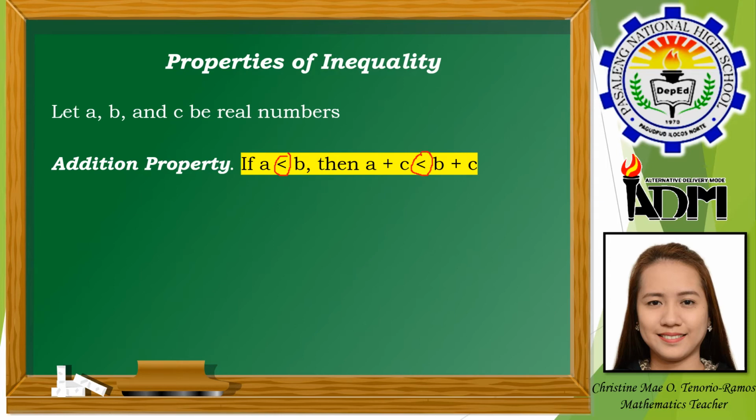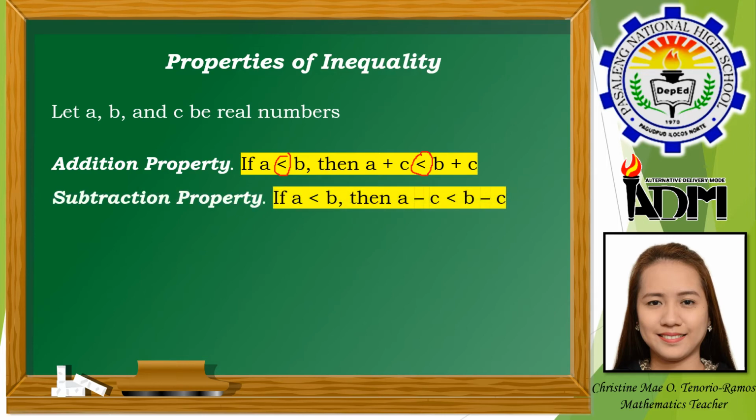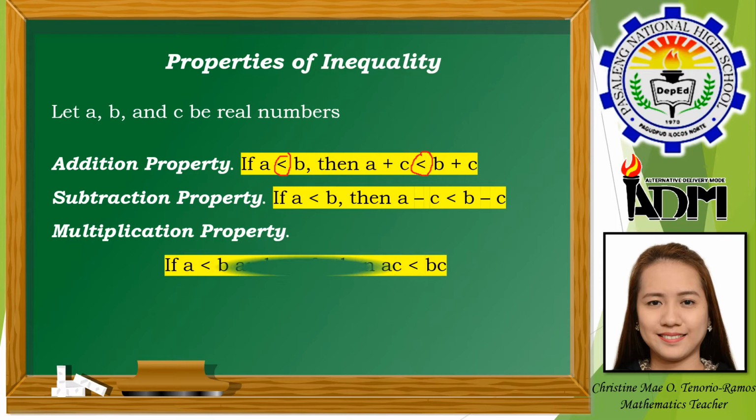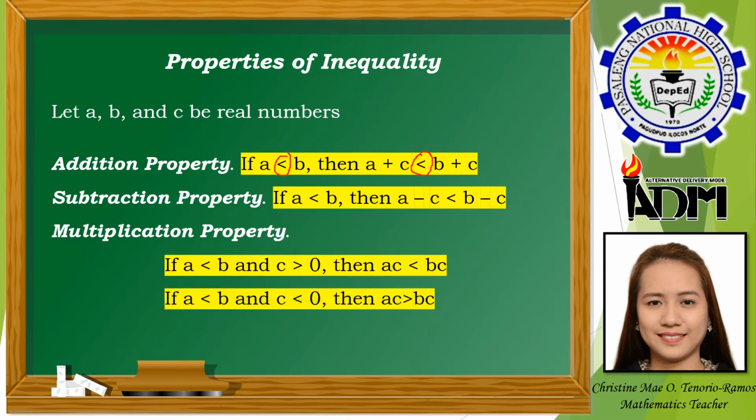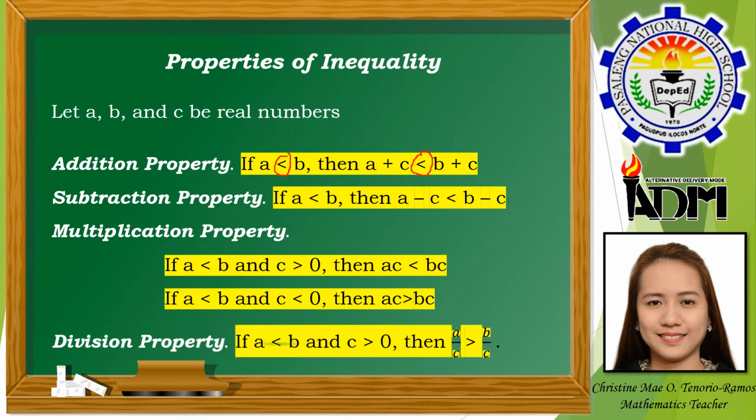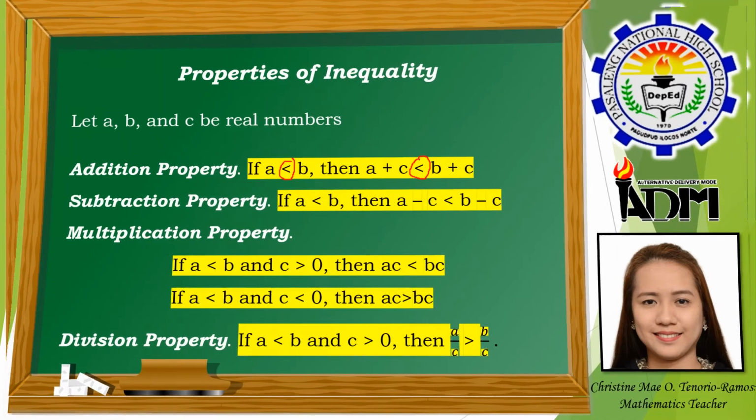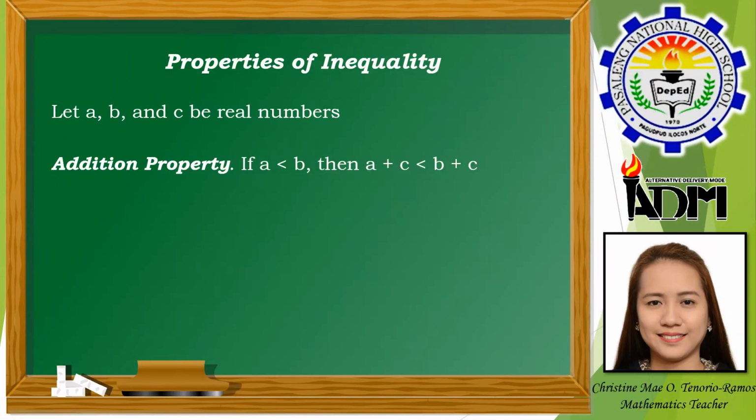So, alam nyo naman yung 5 inequality symbols: less than, greater than, less than or equal, greater than or equal, and yung not equal natin kasali din doon. Okay. So, we have here the 4 fundamental operations, pero may idadagdag lang tayo sa multiplication and division. Okay, so let us proceed to the example.